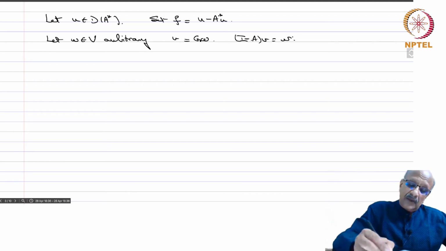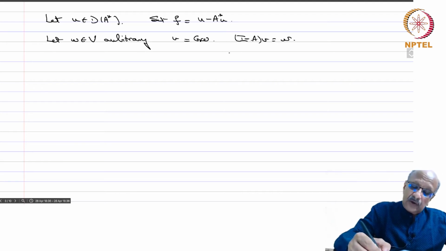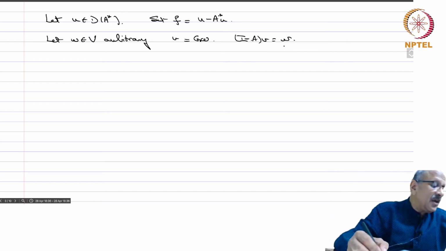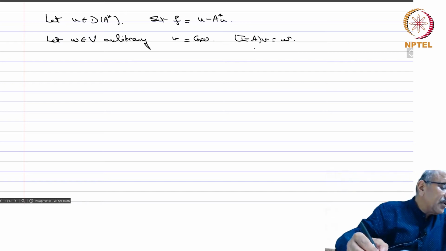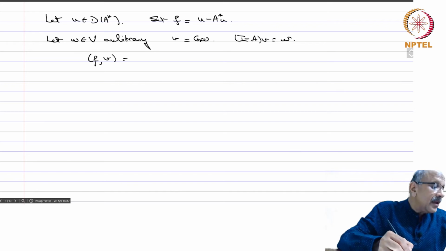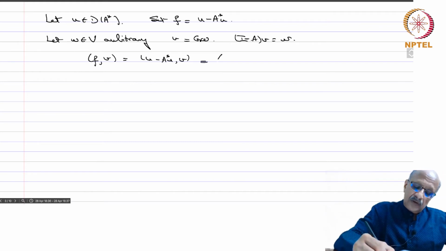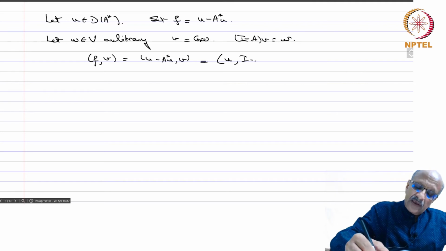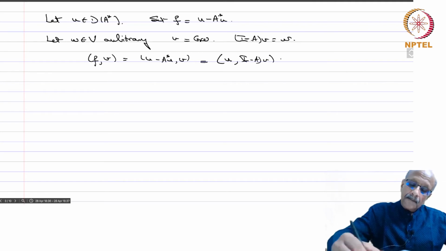Okay, v is the solution of that equation. Now this is the inner product in L2. So f of v equals (u minus A star u) v. This is the adjoint, so by the adjoint relationship, this is u times (I minus A) v, that is u w.